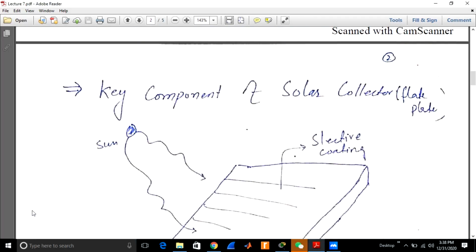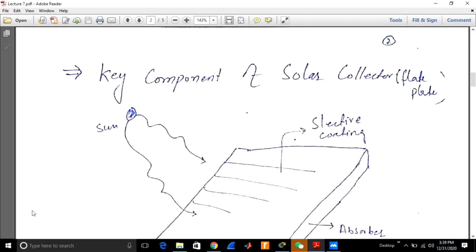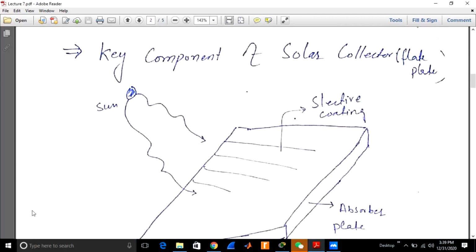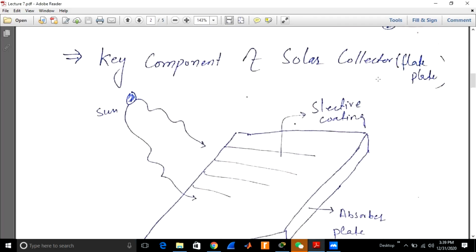Now we are shifting toward the main component of the solar collector. Here we discuss the flat plate collector. By the end of the lecture, you will know that there are two types of collectors.